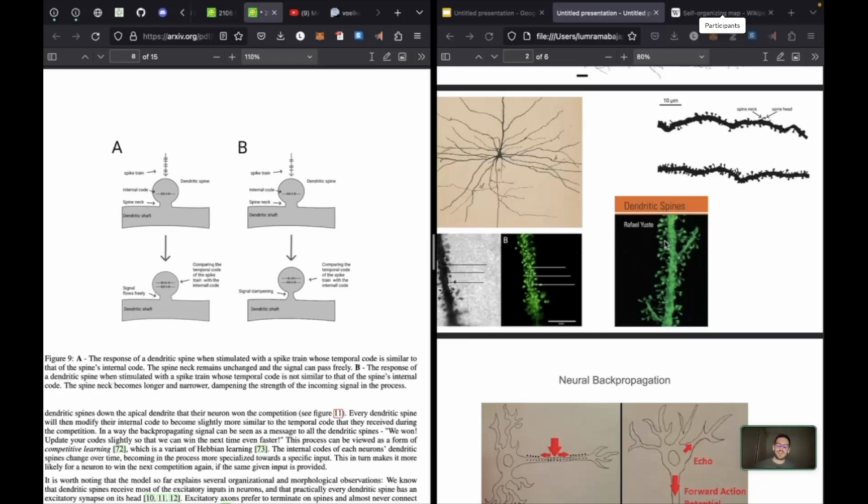But considering that the dendritic spines can really rapidly change shape, and they change shape differently based on the input that they receive, to me it seems like very compelling evidence that the spines know somehow when to have preferential treatment towards a spike train, or when they receive it.